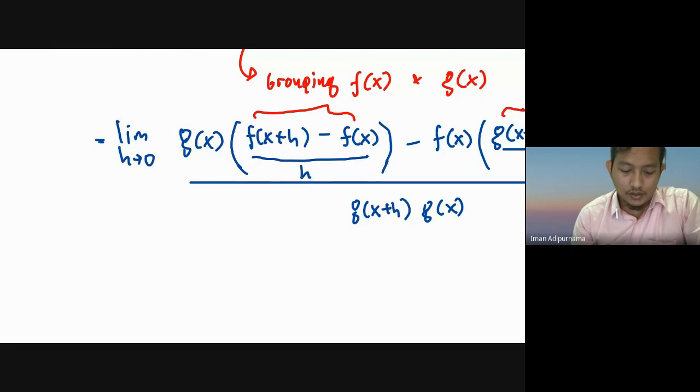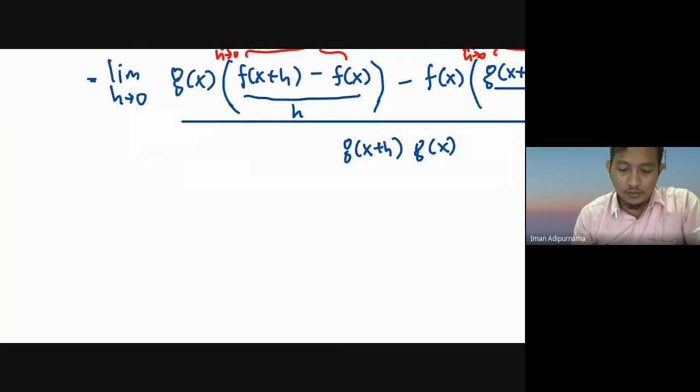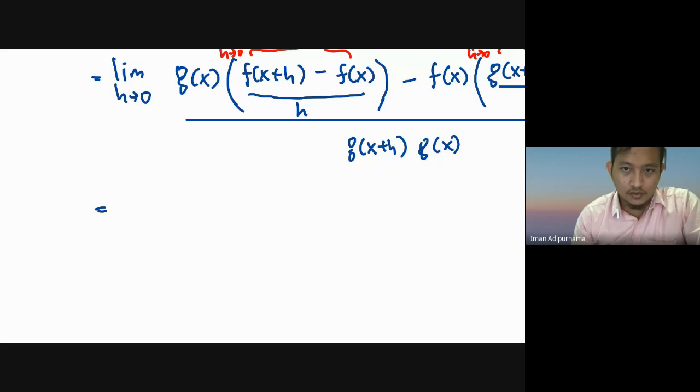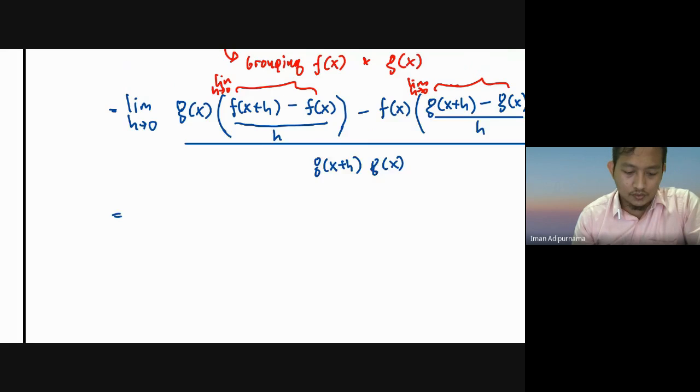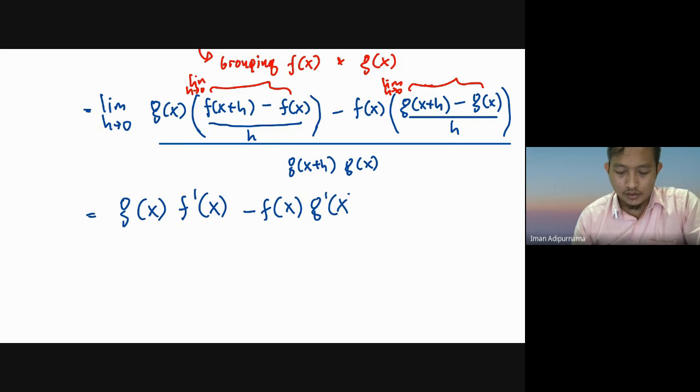So we have this limit as h goes to 0, this also limit as h goes to 0, and then we can write the definition as g(x)f'(x) minus f(x)g'(x), divided by g(x) squared.